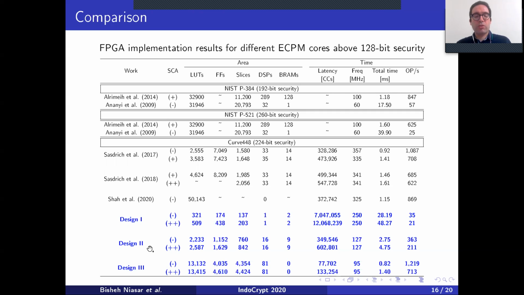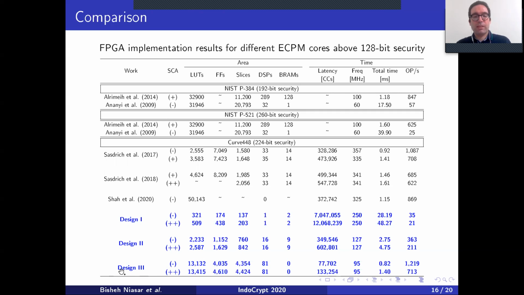Our design 2 has almost the same latency compared to previous works, while it needs fewer resources. For example, it needs only 16 DSP blocks, but the previous work needs almost 33 DSP blocks.